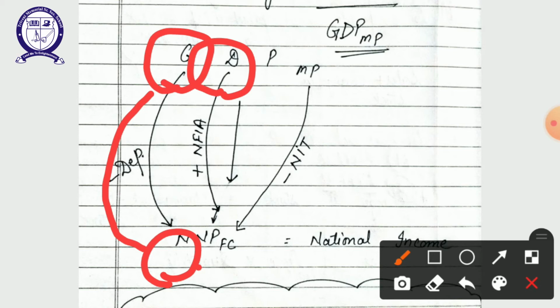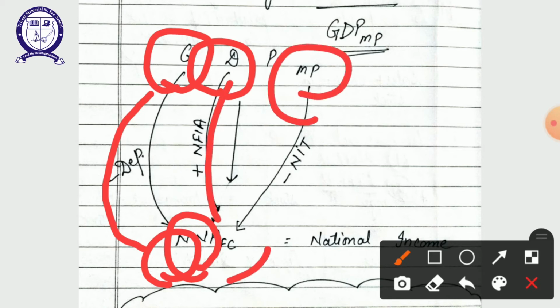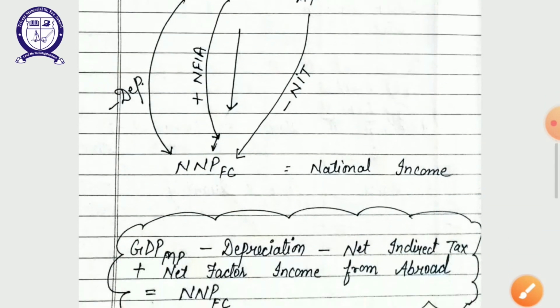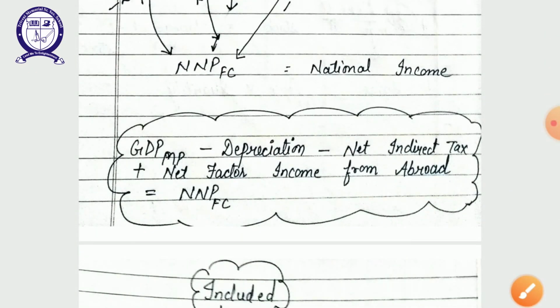Domestic is smaller than national income, so we will add NFIA. And MP is greater, FC is smaller, so we will deduct NIT. After making deductions, GDP minus depreciation minus net indirect tax plus NFIA is equal to NNP at FC. That is your national income.